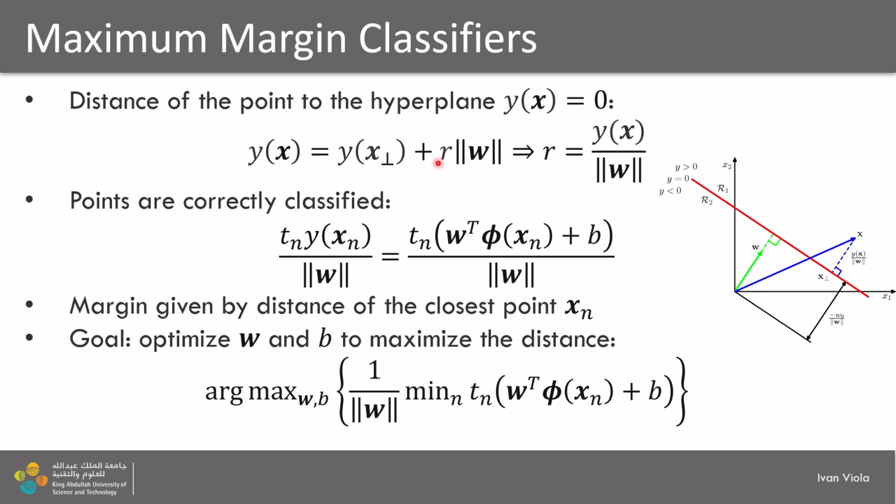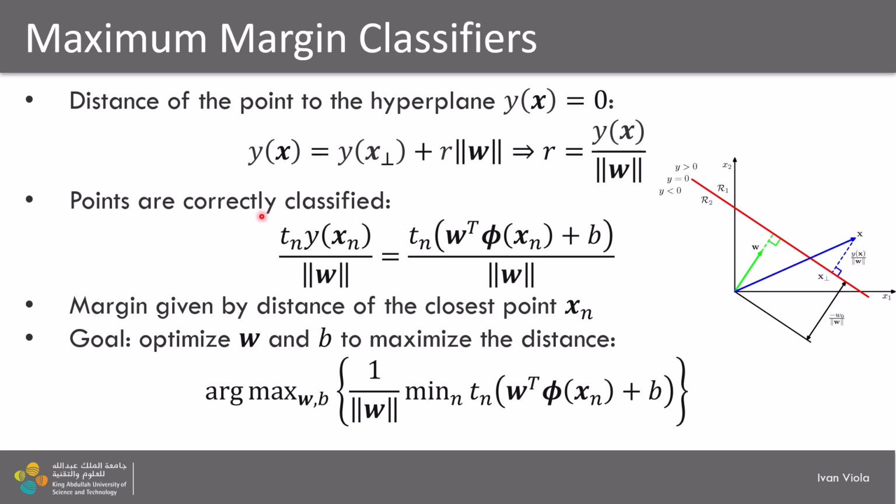We don't know r, which should be the distance, but we know the weight w, or the norm of it. It turns out that the distance is equal to y of x divided by the norm of w. I am just repeating this; we had it already in the classes on classification, and you can look it up.